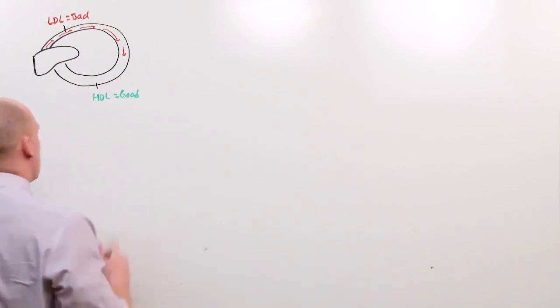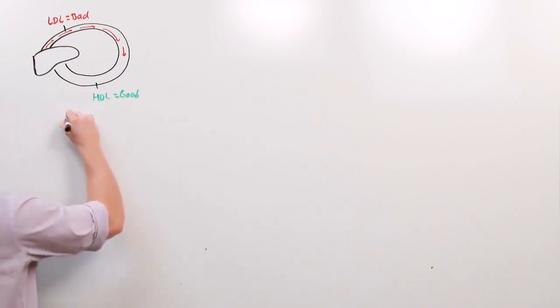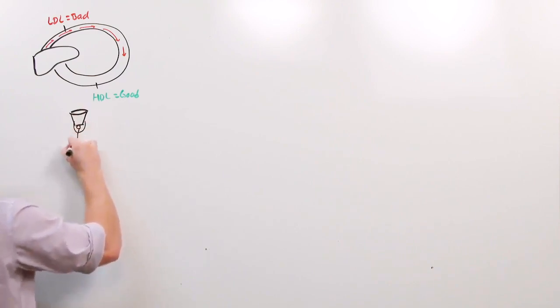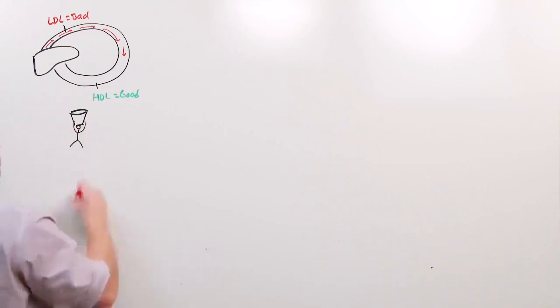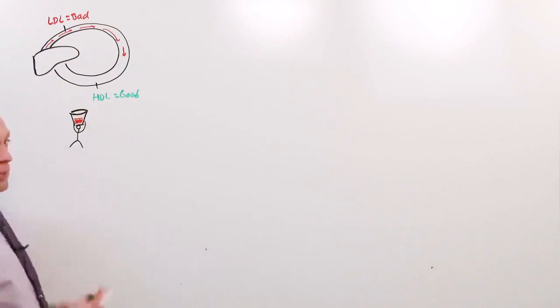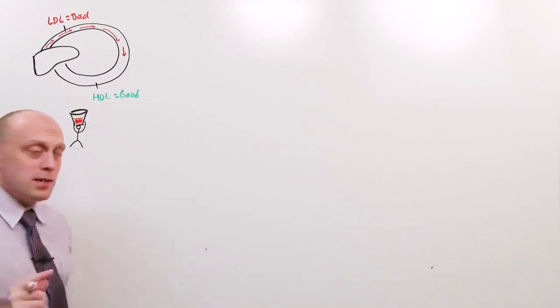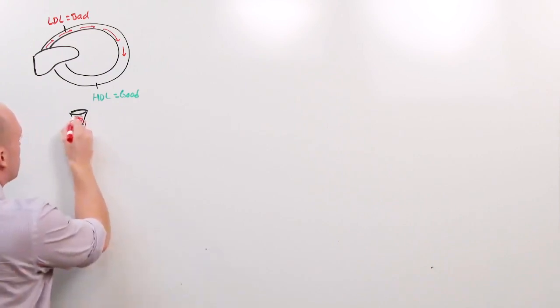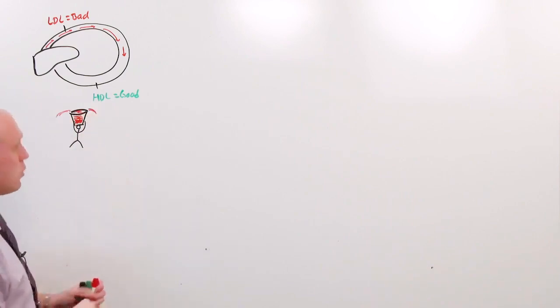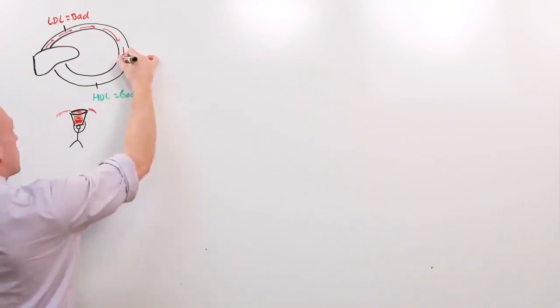Here's how I want you to see the LDL. There's this worker who's got this bucket, and he's bringing cholesterol out to the periphery. That's good, cells need cholesterol. But if there's too much cholesterol, it starts to overflow, and if it overflows, you get a cholesterol plaque.